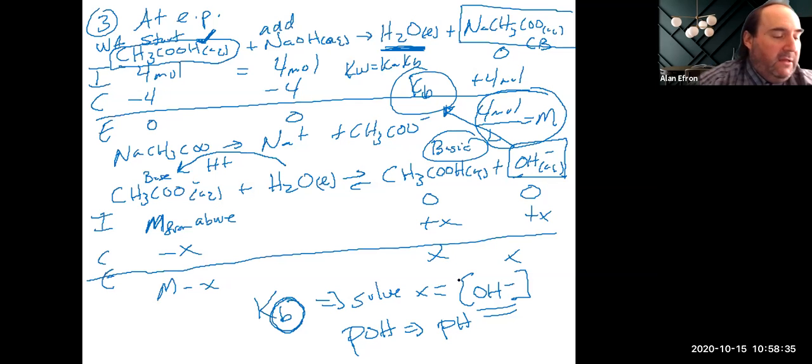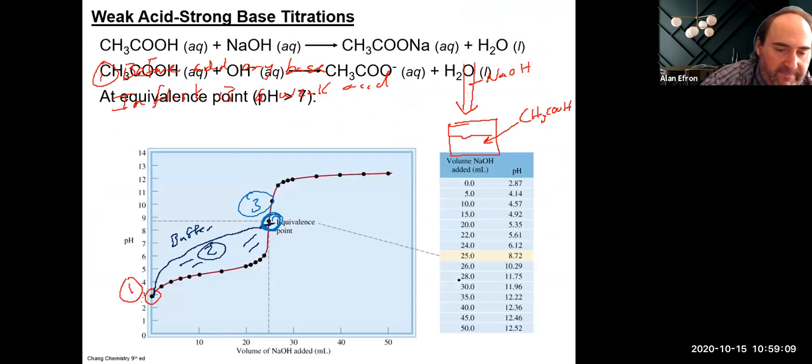So definitely a lot different than the strong acid, strong base titration, where you reach the equivalence point and you pretty much write 7. Here you do not. You actually will expect a basic pH, because when you reach the equivalence point in this type of titration, you are going to be generating a salt that will go through hydrolysis. And when it goes through hydrolysis, it will produce hydroxide, giving you that basic pH at that point. And that is what we see when we look at this titration curve.